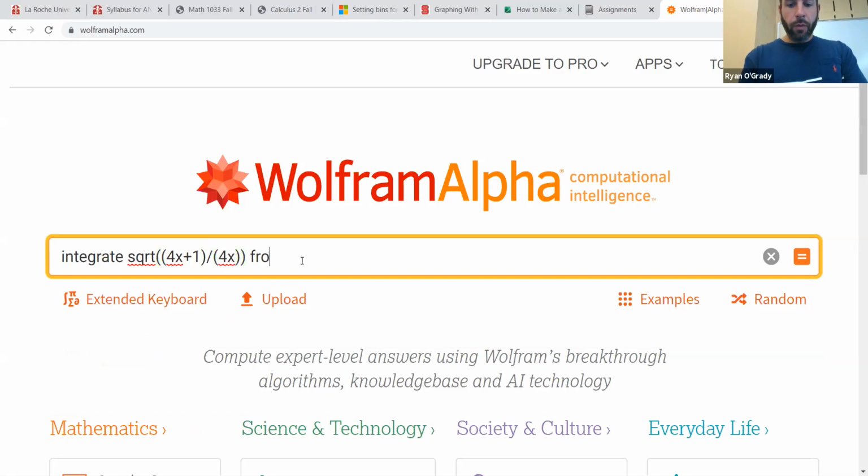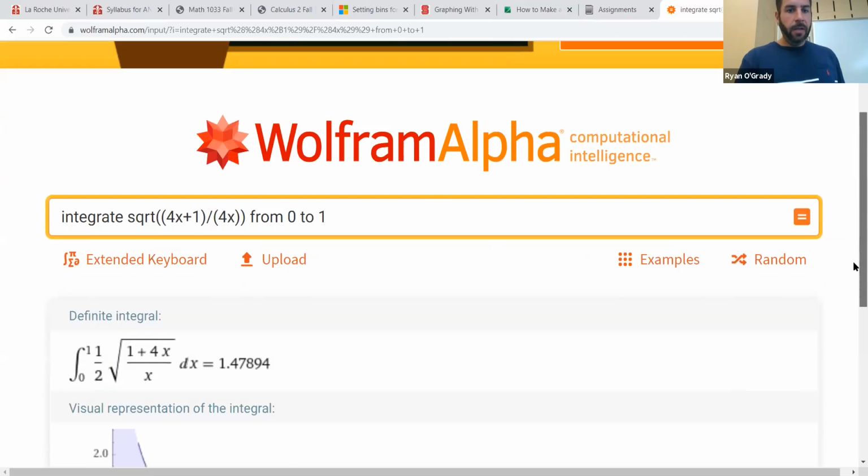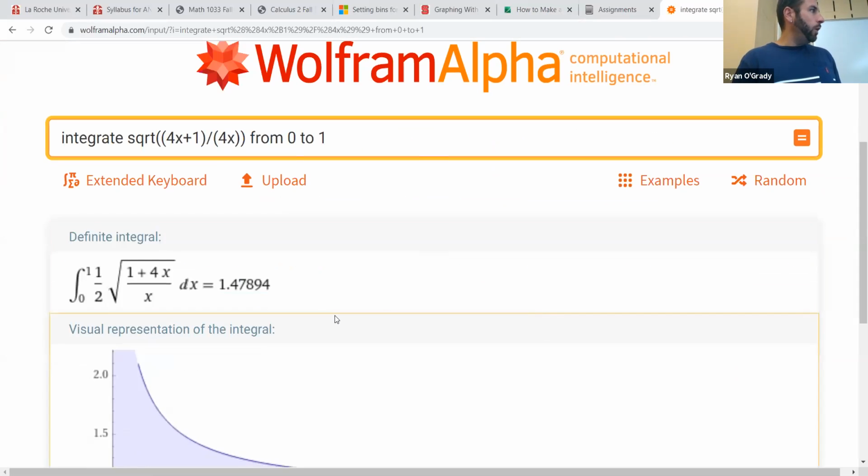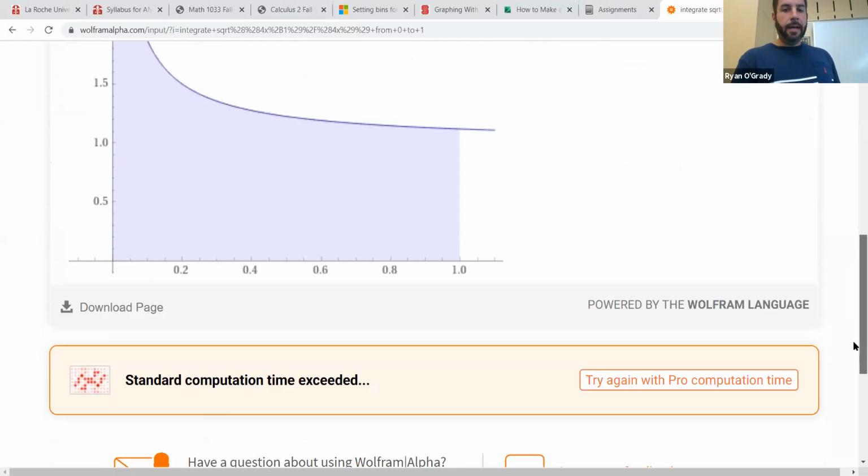And if we put bounds in, it's going to spit out a number, 1.47. So the first question is, how does it get that? Then the second question you ask is, is that an exact answer? Is it an approximate answer? Now we're going to lean towards it's exact because Wolfram's usually very good. If it's approximating, they'll put an approximation symbol there.